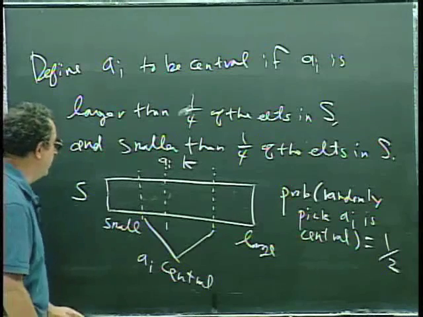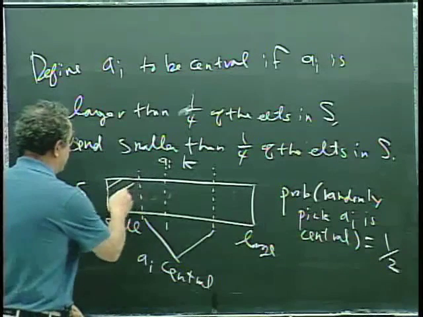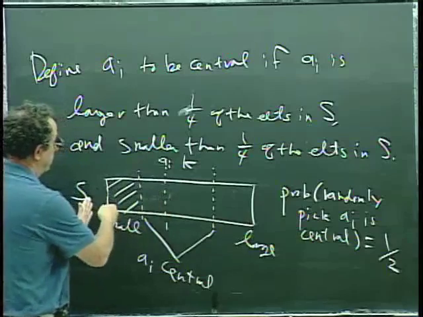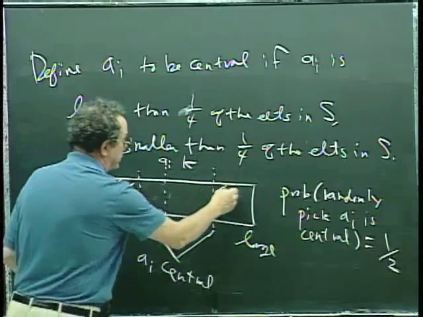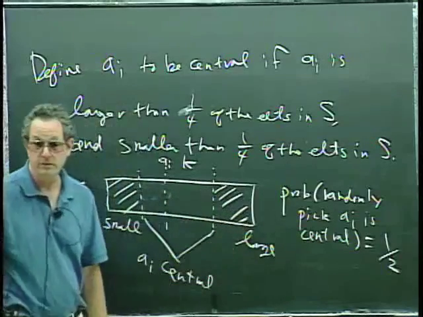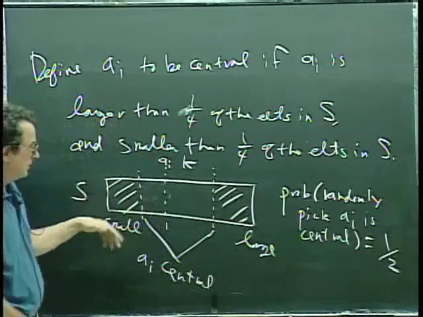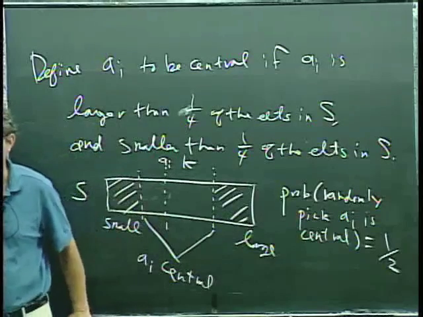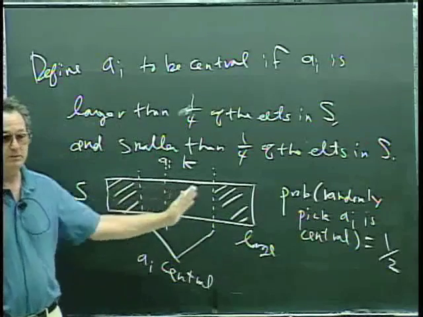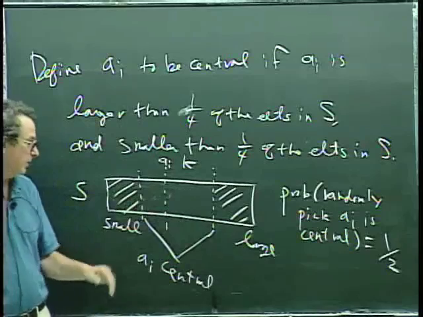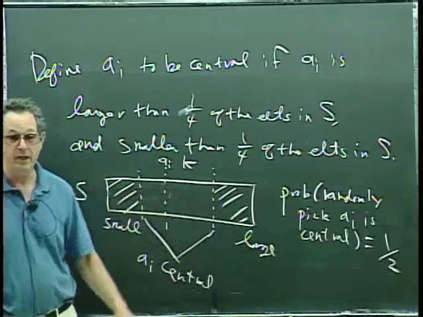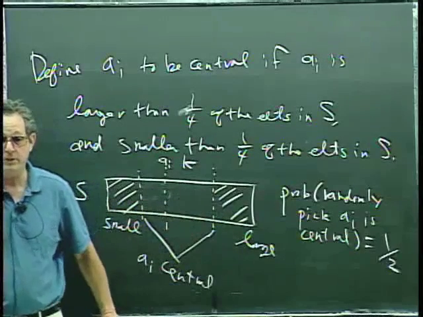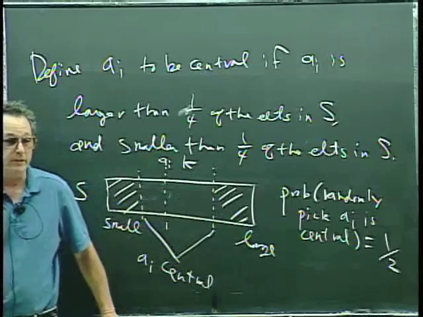Yeah, you're getting rid of at least a quarter. Because if you recurse on this side, you're getting rid of this quarter at least. If you recurse on the other side, you're getting rid of the other quarter. The point is, if you're central, you're at least getting rid of a quarter of the elements of S when you're in your next recursion, and next call to select.